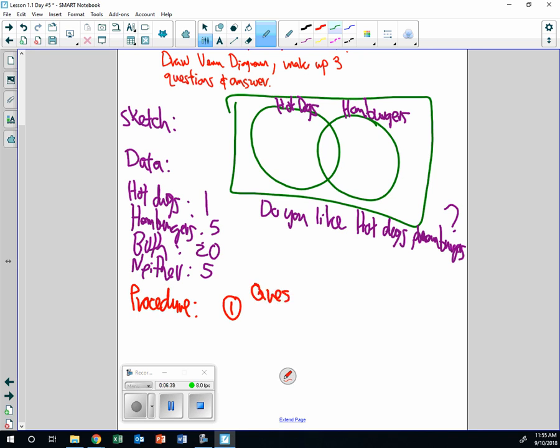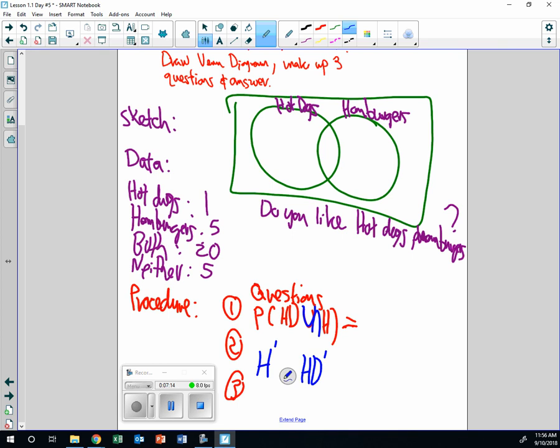The 3 questions are going to probably start off with something like probability of hot dogs union hamburgers, something like that. 2 of the questions have to have complements, meaning you don't like union or intersect. So you're going to have union or intersect, and at least 2 of the questions are going to have complements to them, however you want to do it. Make it as interesting as you can.